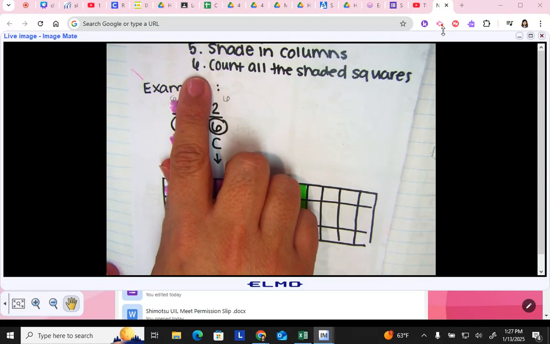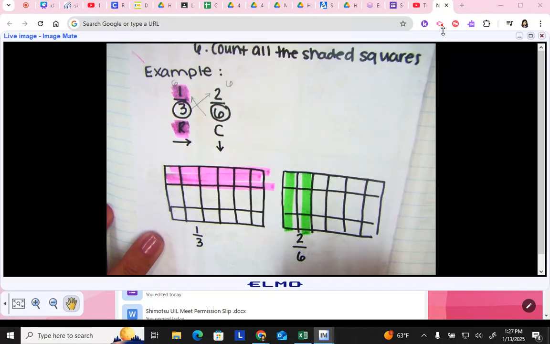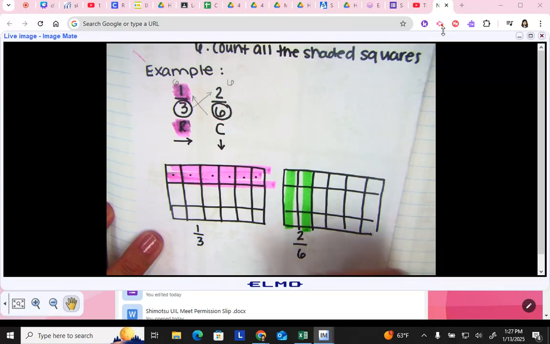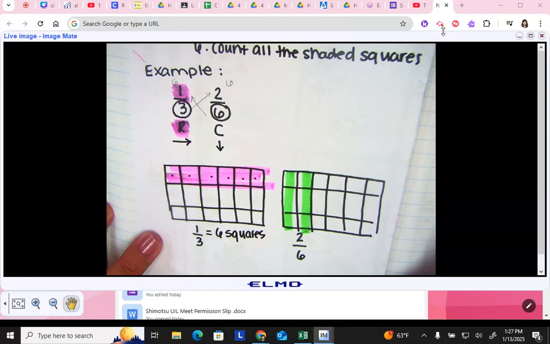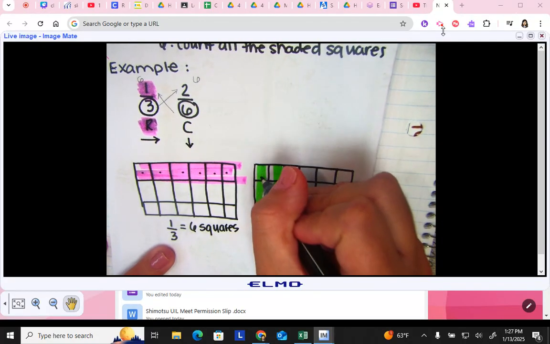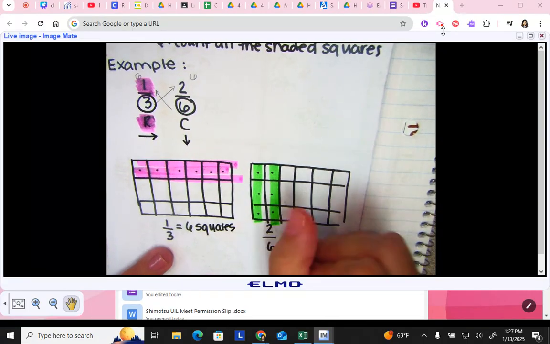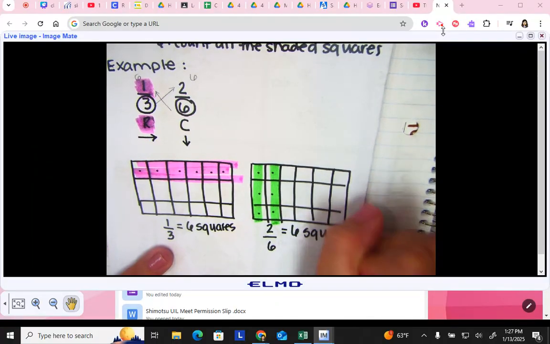The last step says count all the shaded squares. So I'm going to count 1, 2, 3, 4, 5, 6. So 1/3 equals 6 squares. Now the next one. 1, 2, 3, 4, 5, 6. 2/6 equals 6 squares.